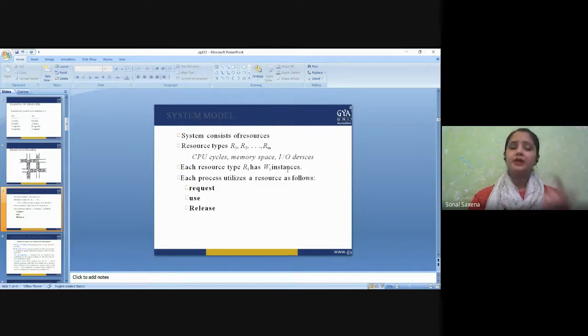It has to request that it wants to access the resource. If the resource is available, if the instances inside the resource are available, only then will the resource be granted to a particular process.